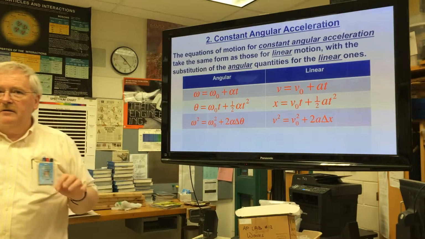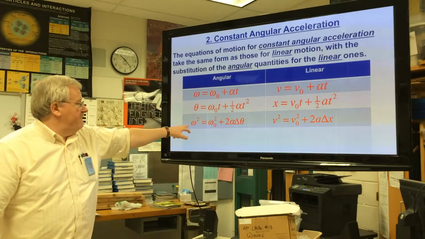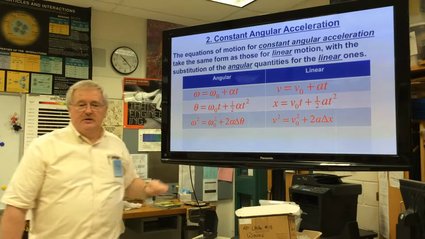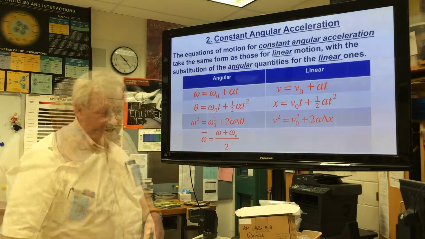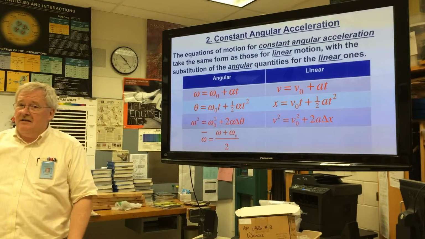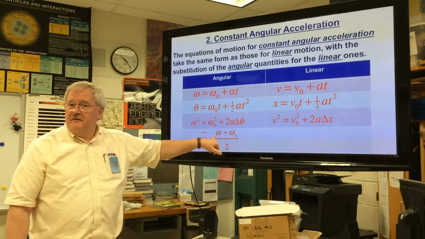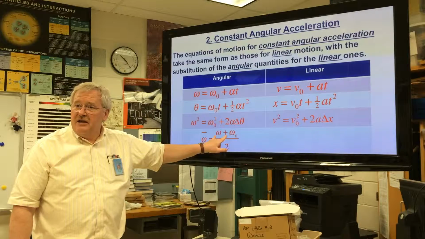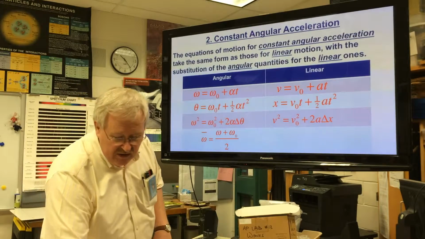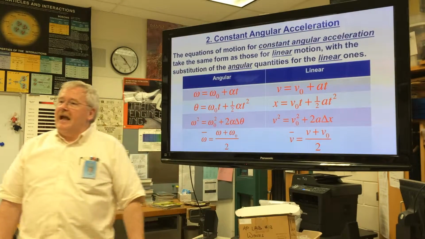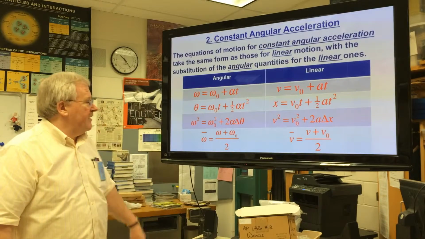So we've got a very nice correspondence between the two. The average angular velocity is the sum of the final and initial angular velocity divided by 2. The same is true of the average linear velocity.